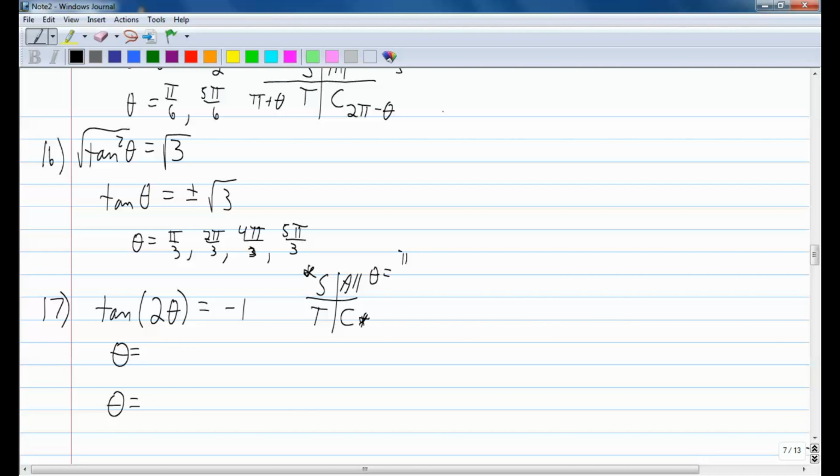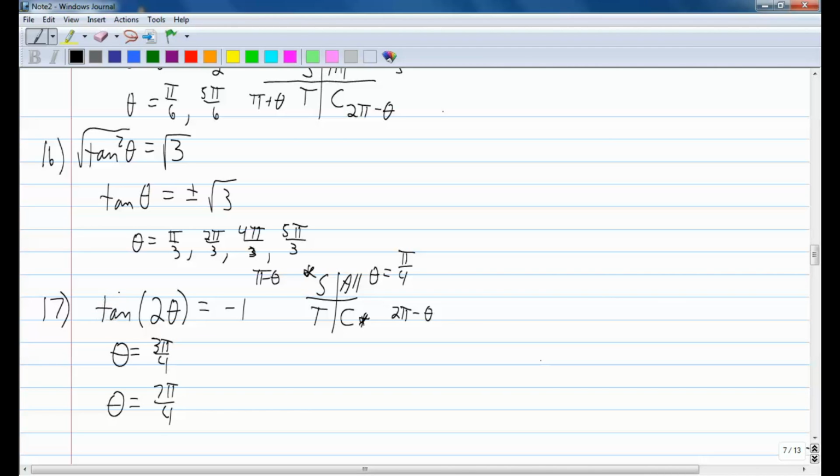So remember, the tangent of pi over 4 is a positive 1. So that's the reference angle. So in the second quadrant, that's pi minus pi over 4. That's 3 pi over 4. In the fourth quadrant, that's 2 pi minus pi over 4. So that's 7 pi over 4.